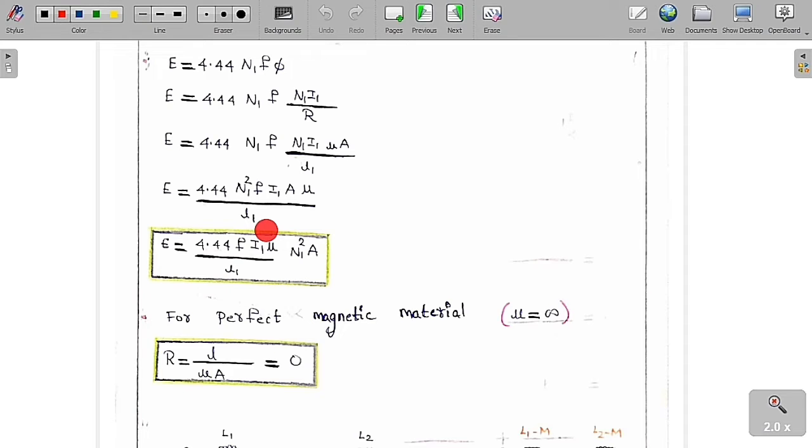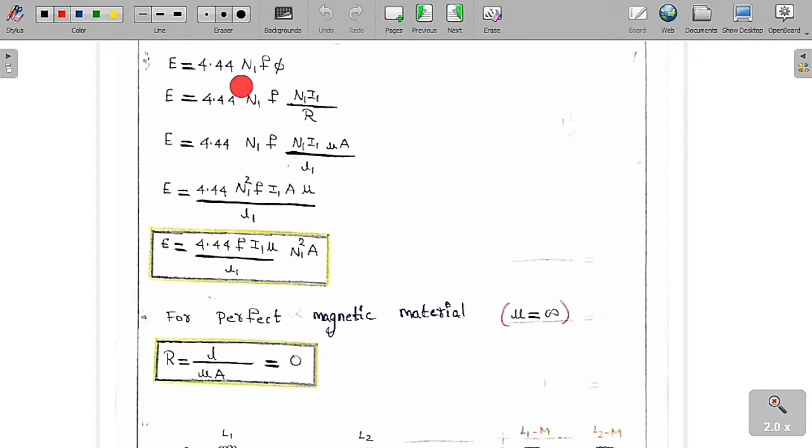For a given fixed core, 4.44 into f into I1 mu by L1 is a constant value. Therefore E is directly proportional to N1 square into A, the area of cross section where the windings are kept.